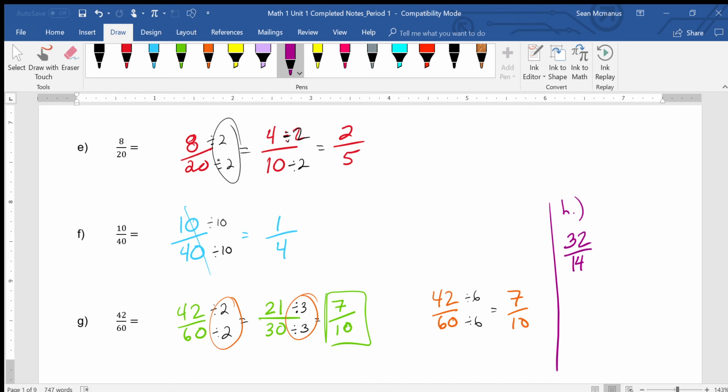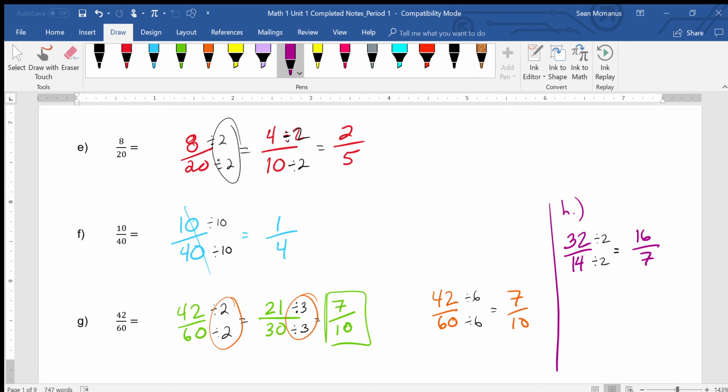That's not going to be an integer as an answer, but if I have something like this, I recognize they're both even numbers, so I would divide by 2. 32 divided by 2 is 16, and 14 divided by 2 is 7. And 16 and 7 do not have, 7's a prime number, so there's no common factors.